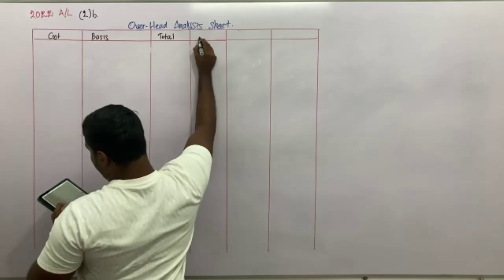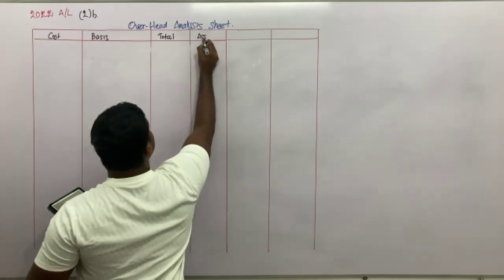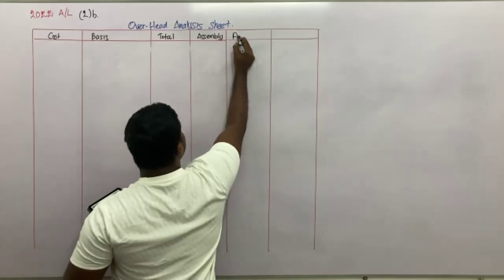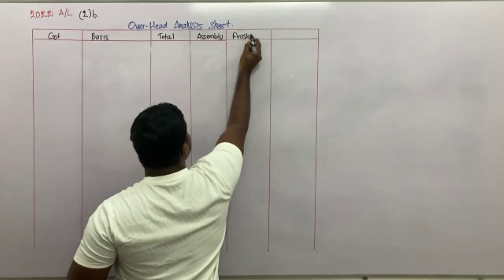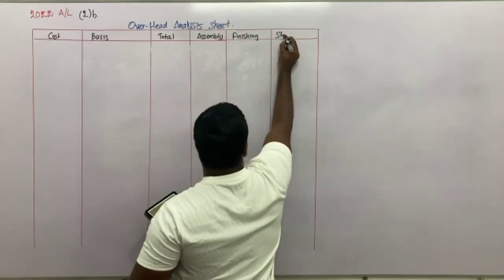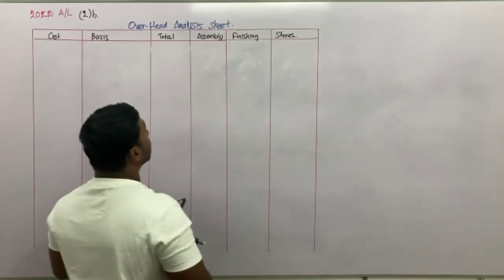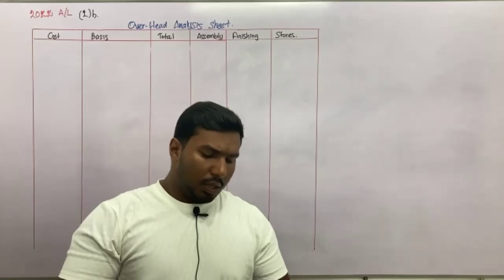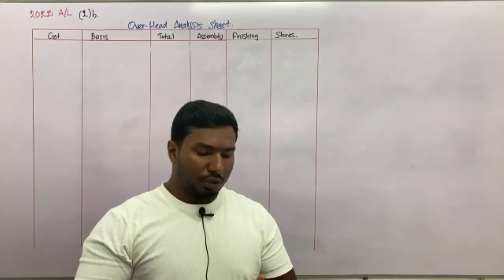There are three: assembly, finishing, stores. Okay. Yes, we'll do the question.